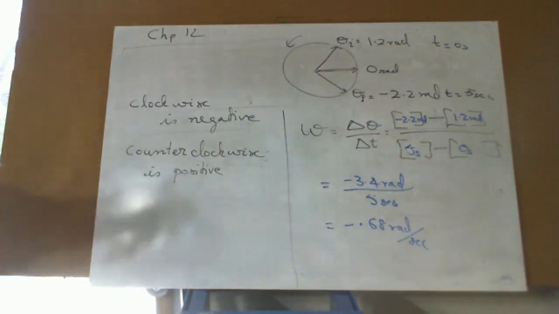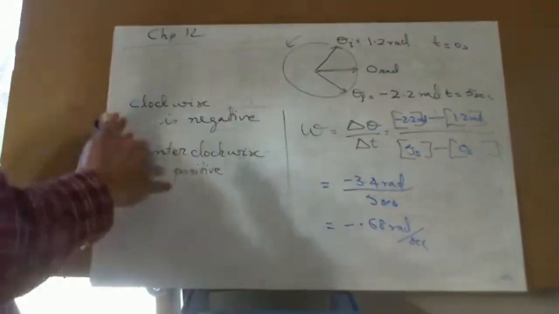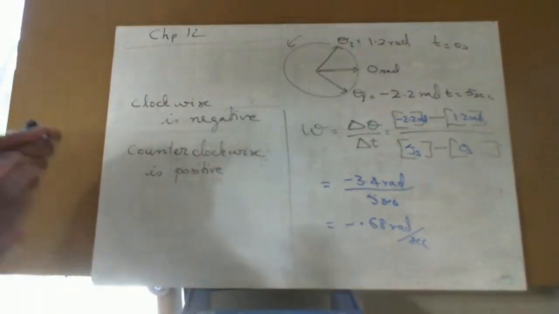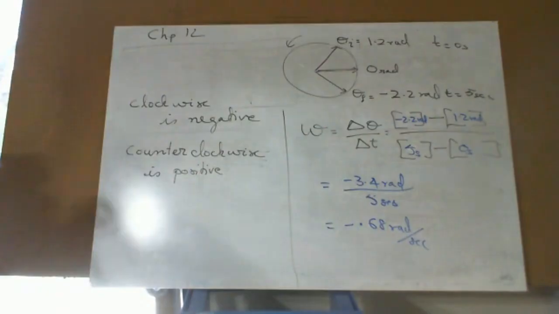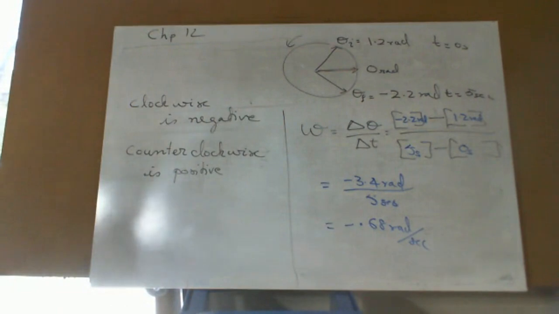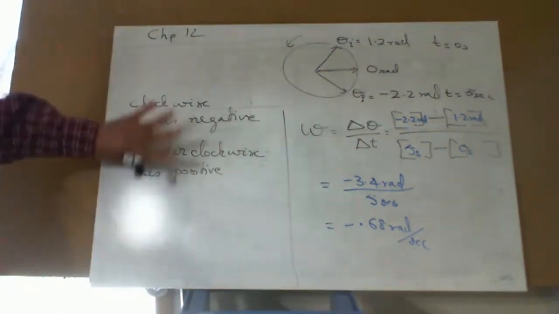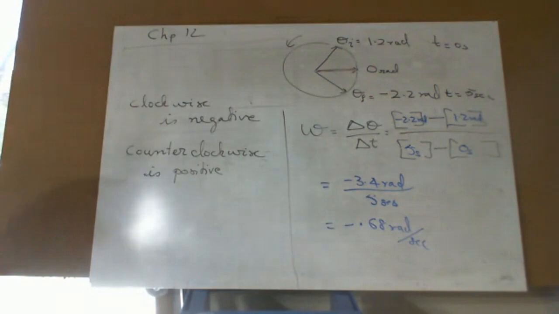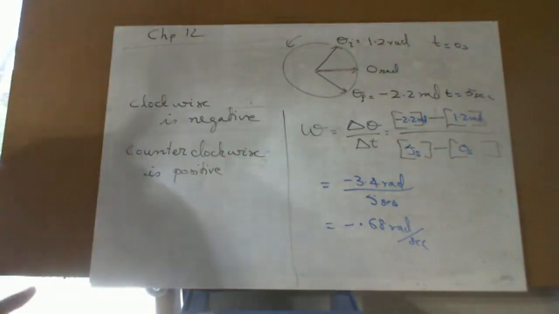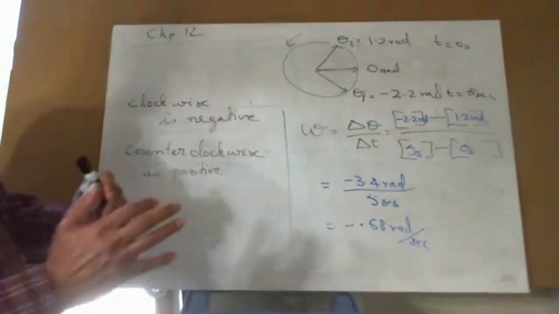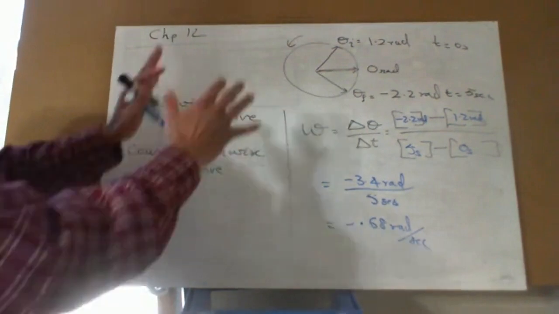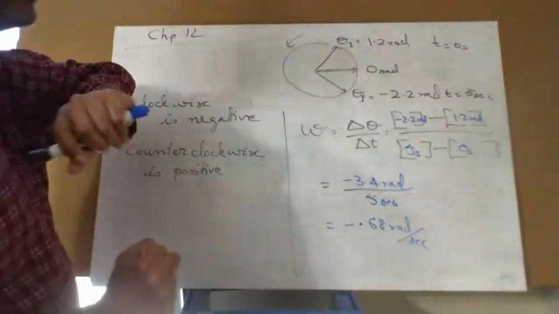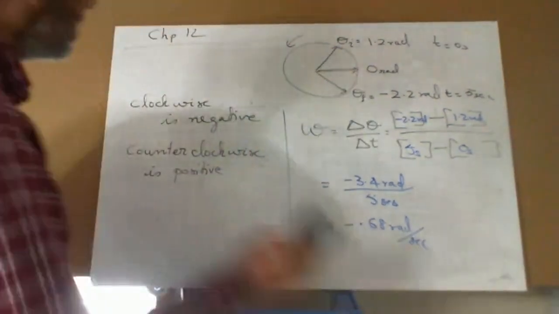Guys, we did this. I'm thinking of a different class, and I'm behind there, and I forgot that we already did this in the last class. So anyway, we have already done this. All right, so I'm going to go to chapter 12. I'm sorry about this. That's my mistake.